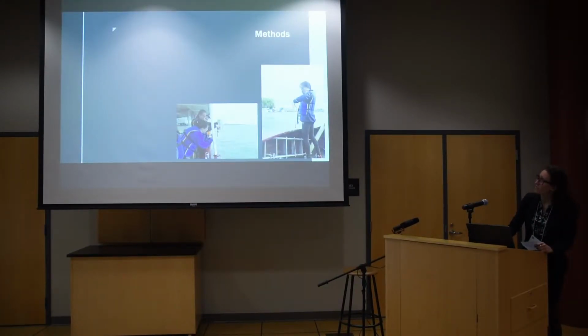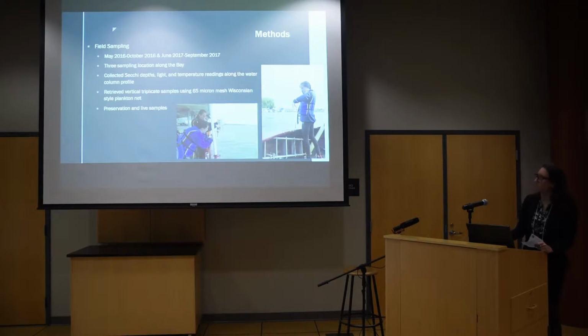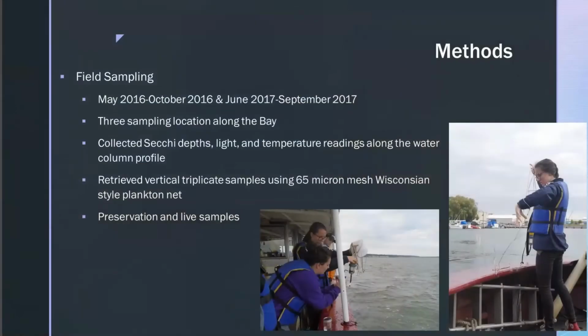And so some of the methods. From last year, from May to October, every 2 weeks we would go out, and then this year, every 2 weeks from June to September, taking triplicate samples at each of the locations. The first year we took vertical and horizontal tows with the 5-meter, 65 micron mesh, Wisconsin-style plankton net.